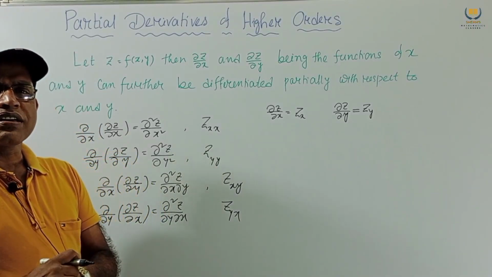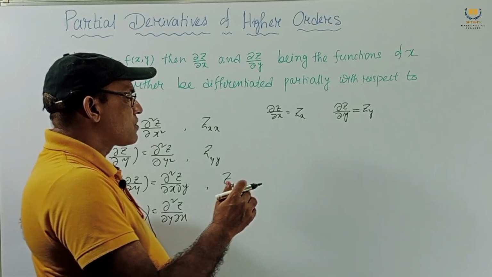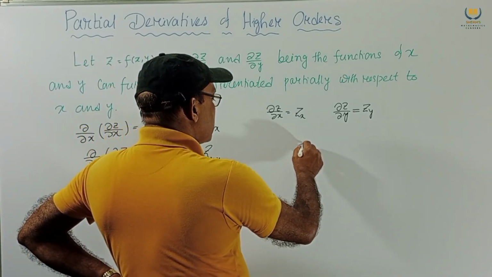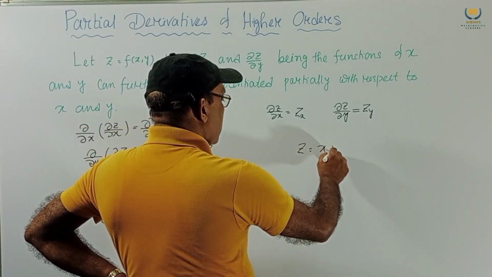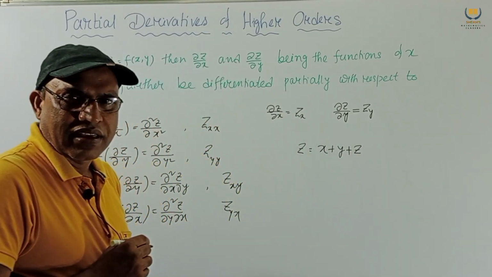Now what is partial derivatives? How to differentiate this? Suppose z equal to x plus y plus z, this one given.